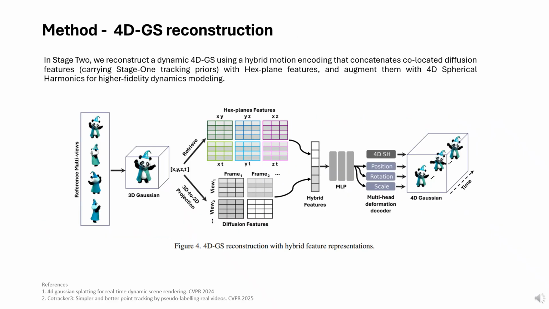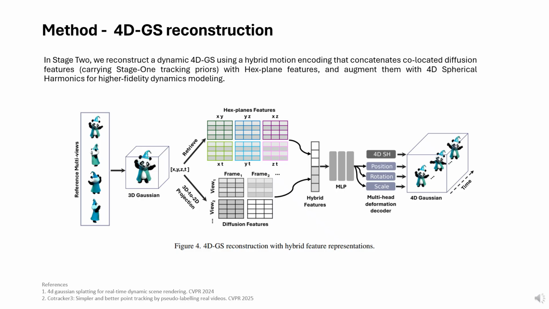In Stage 2, we jointly optimize 4DGS with photometric losses and 4D-SDS driven by the multi-view videos from Stage 1. Unlike classic 4DGS pipelines that learn motion with only hex-plane features, we augment each 3D sample point along with time by concatenating hex-plane features with its co-located Stage 1 diffusion features.